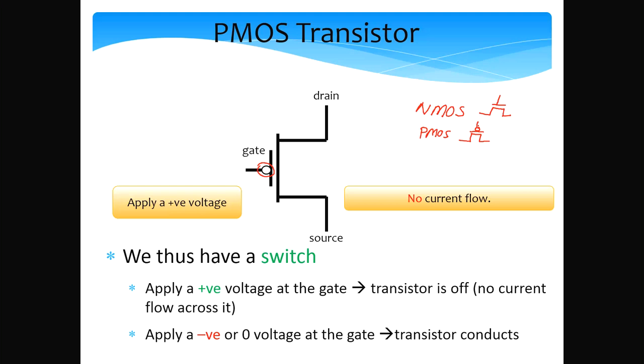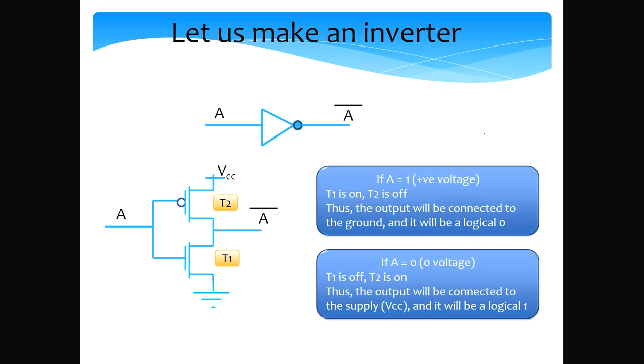If the voltage at the gate is 0 volts, either the gate is grounded or it has a negative voltage, in this case current flows across the transistor, and if the gate has a positive voltage, then current does not flow across the transistor. So we have two different kinds of switches with different modes of operation.